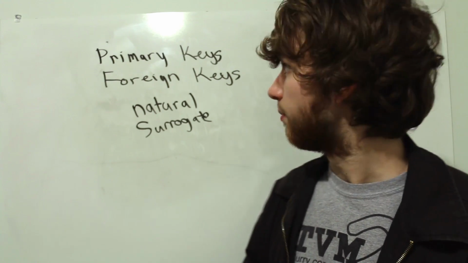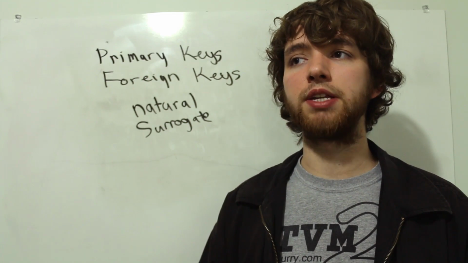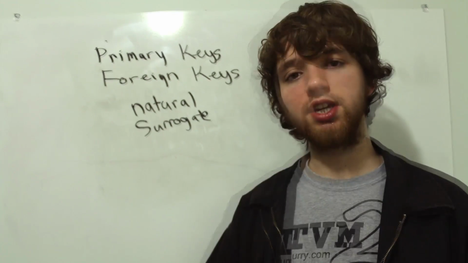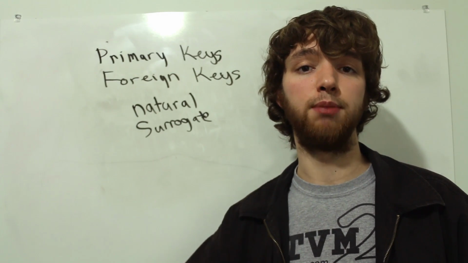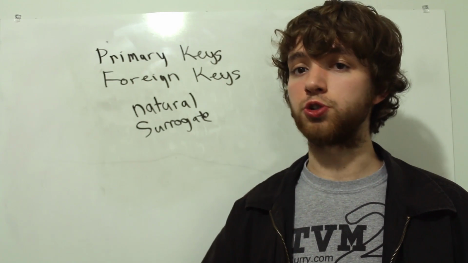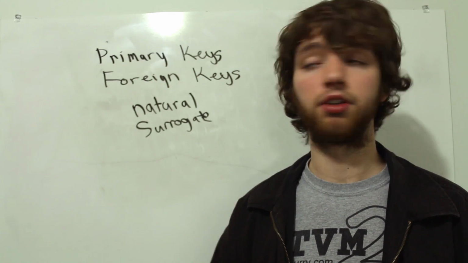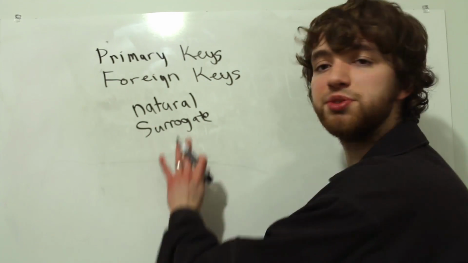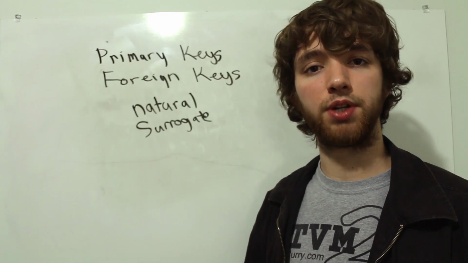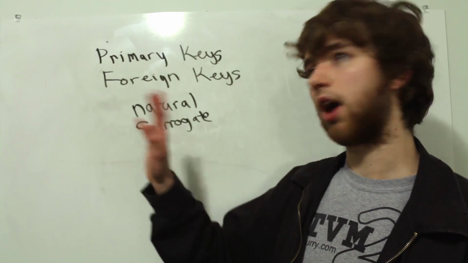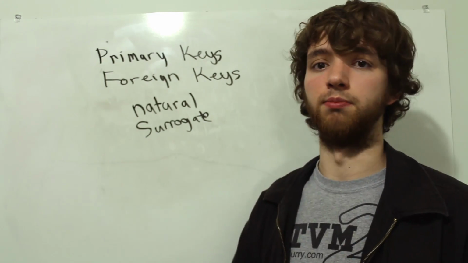That's it. But I guess I skipped a step. What are keys? They're basically things to keep things unique. The keys are used to basically make every single row within a table unique, and also they're used to make connections across multiple tables. The difference between natural and surrogate is minor, and it's kind of a conflict between database designers as, oh wow, you should use natural, or oh, you should use surrogate, or oh, you should mix them.